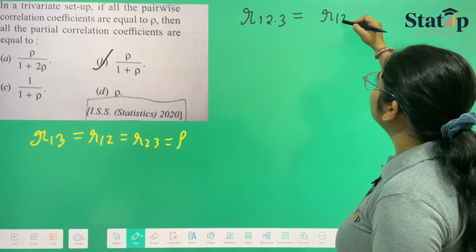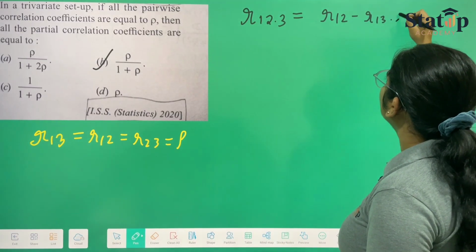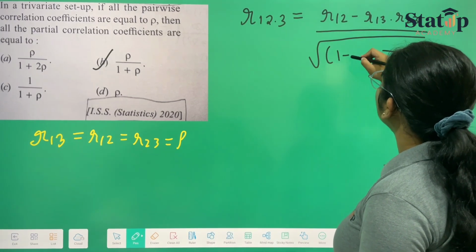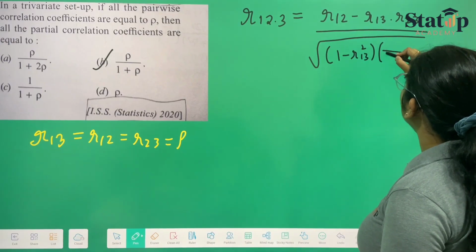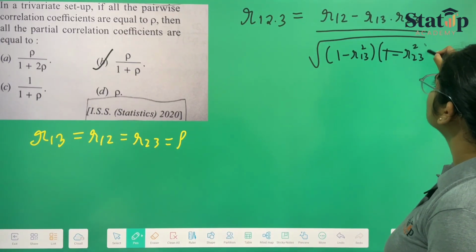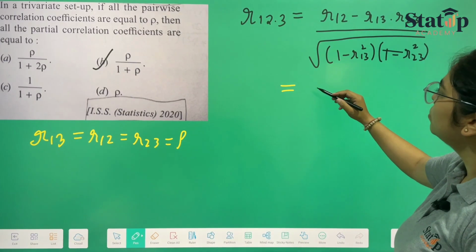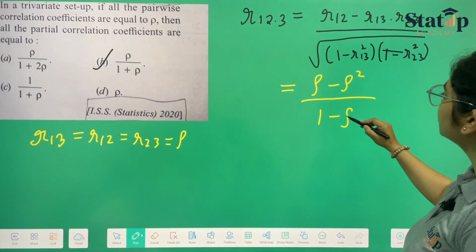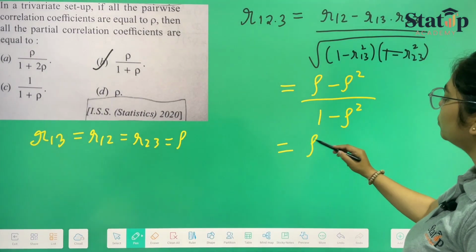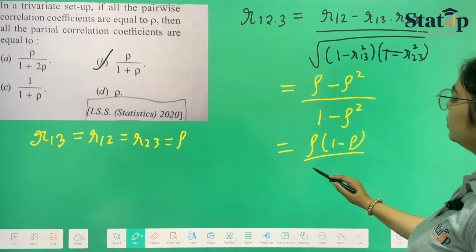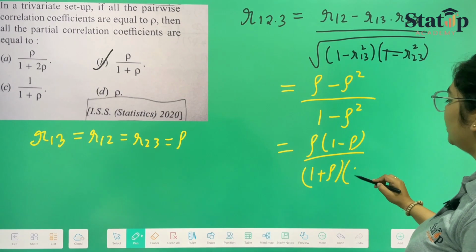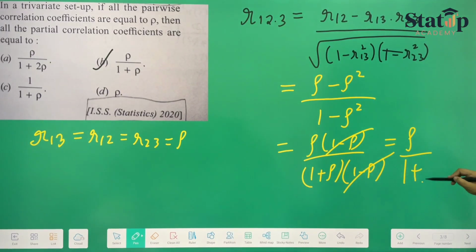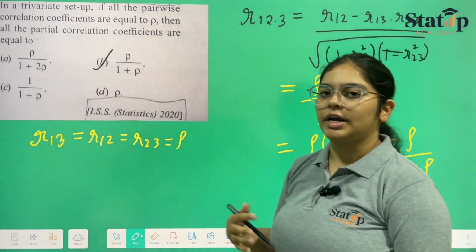So it will be R12 minus R13 into R23 upon under root of 1 minus R13 whole square, 1 minus R23 whole square. So it will be equal to rho minus rho square upon 1 minus rho square. Again it will be equal to rho into 1 minus rho upon 1 plus rho into 1 minus rho. And here 1 minus rho will get cancelled. It will be rho upon 1 plus rho again, which is our option number B, which I told you earlier.